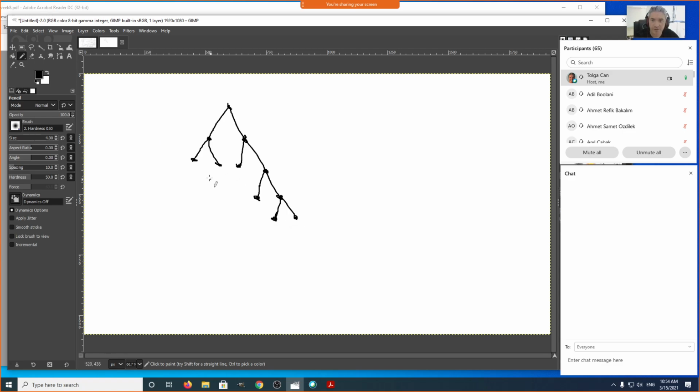So this is a tree with 6 leaf nodes and a total of 11 nodes. Any tree with 11 nodes is going to have exactly 10 edges. You can find it without counting. So a tree with n nodes has n minus 1 edges.